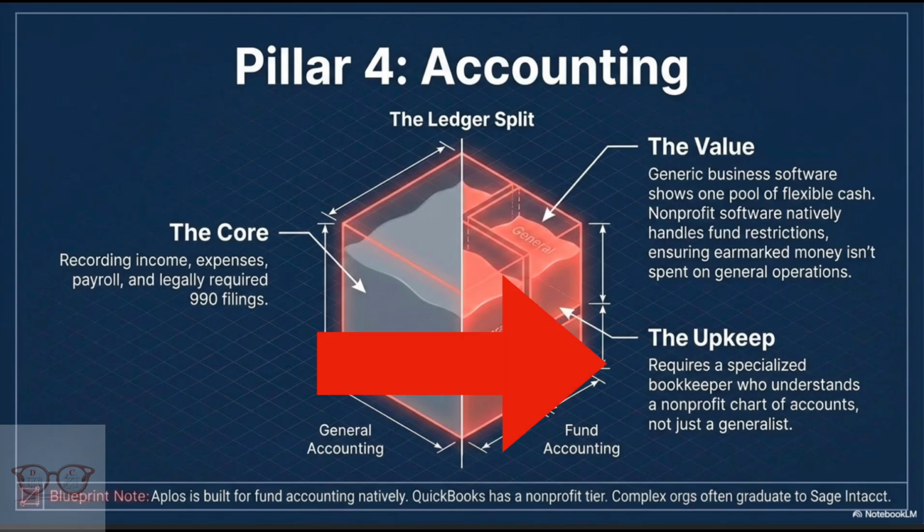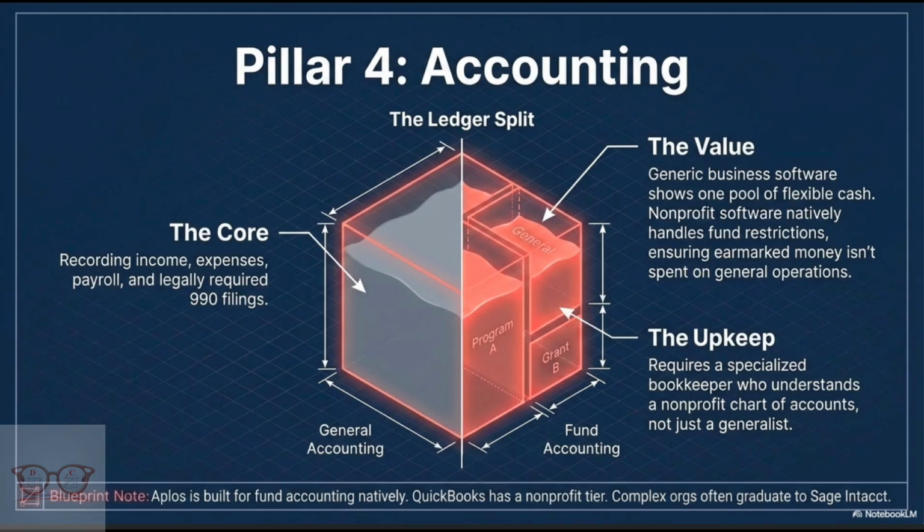From an administrative perspective, this is one where most small organizations eventually need a bookkeeper or accountant who specifically understands nonprofit fund accounting, not just a generalist. The software matters less than having someone who knows the difference between a for-profit chart of accounts and a nonprofit one, and also restricted and unrestricted fund management.